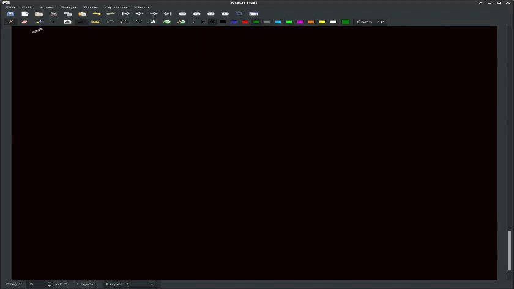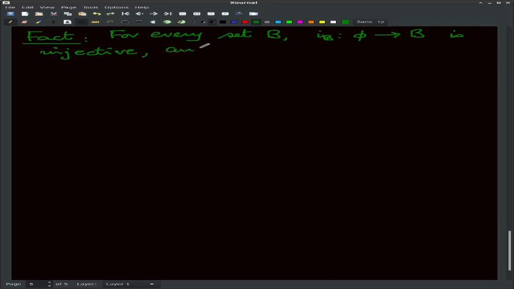So the fact: for every set B, the map IB is injective, and it is surjective if and only if B is empty.